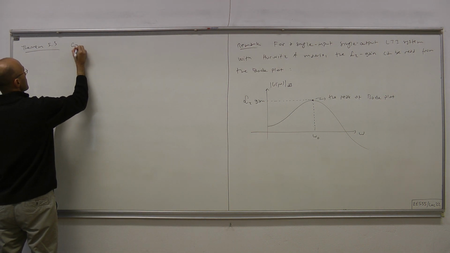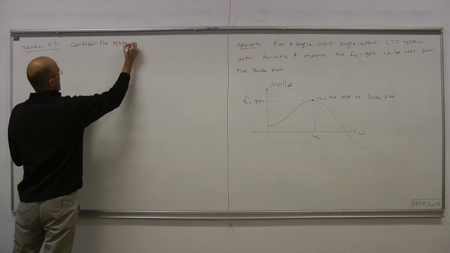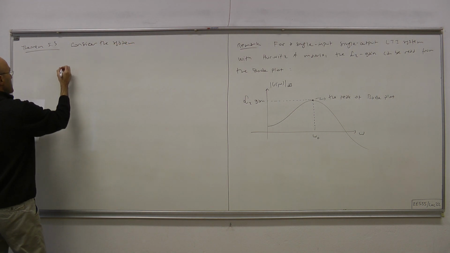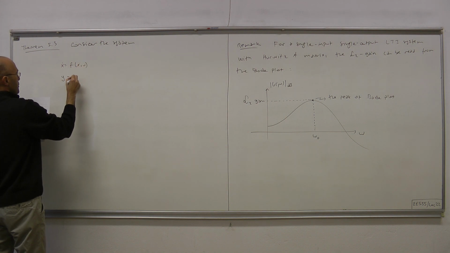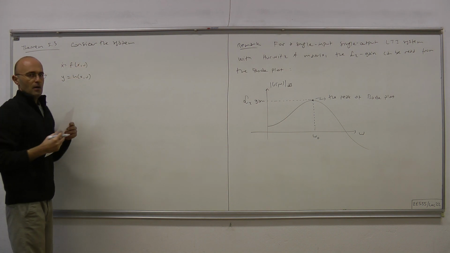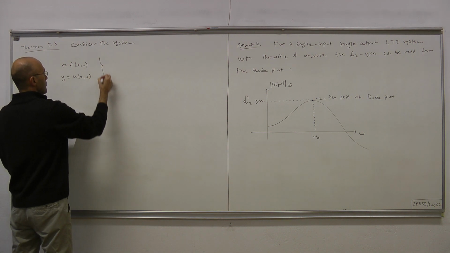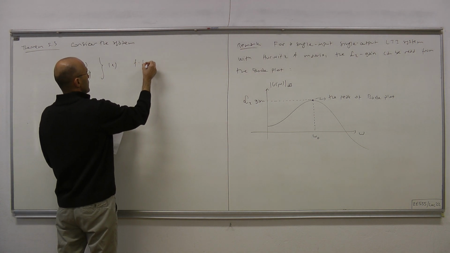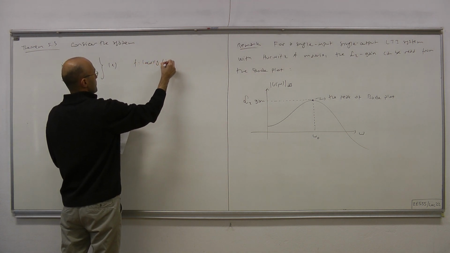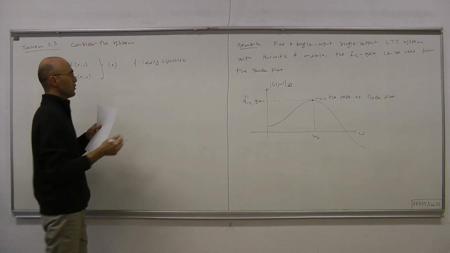Consider the system x dot equals f of x, u. The output is defined through the function h. Let's say this is system 1, f locally Lipschitz, h continuous.